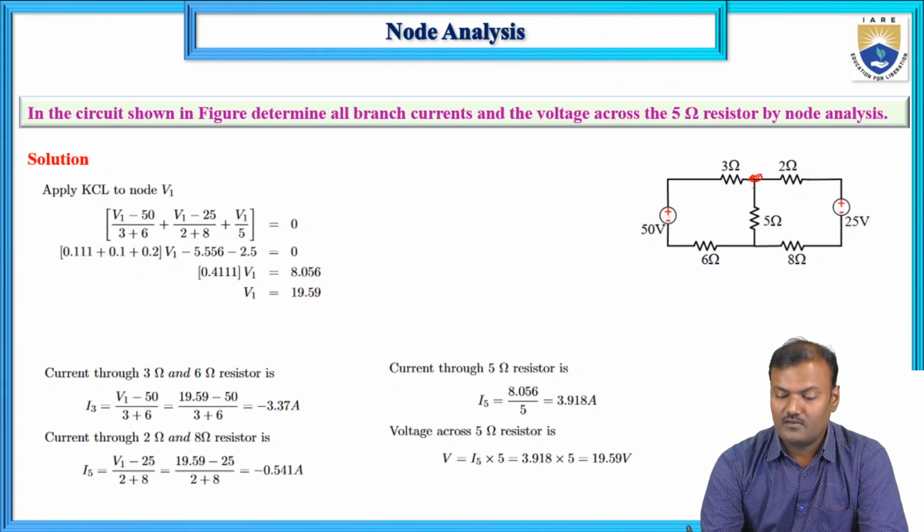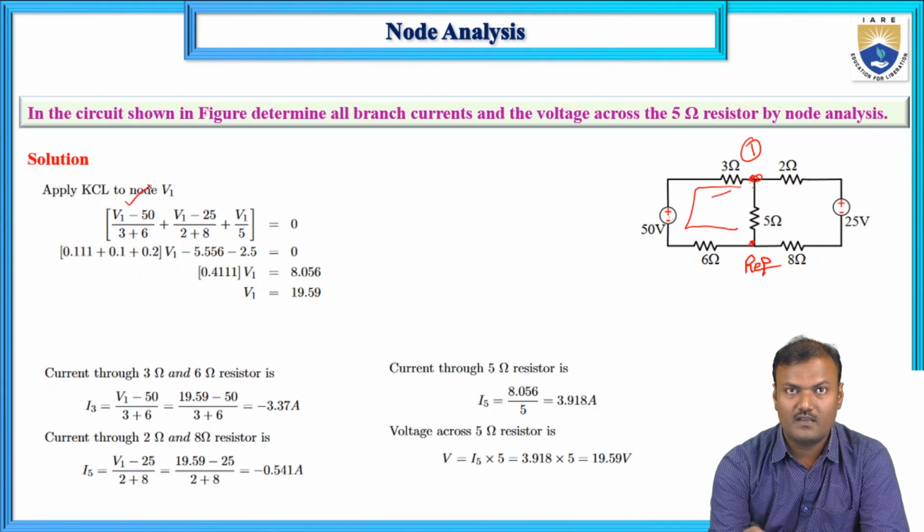This is one node and this is assumed to be the reference node. So (V1 - 50) divided by the two resistors in this path, that is the total path, 3 plus 6, is the first term.